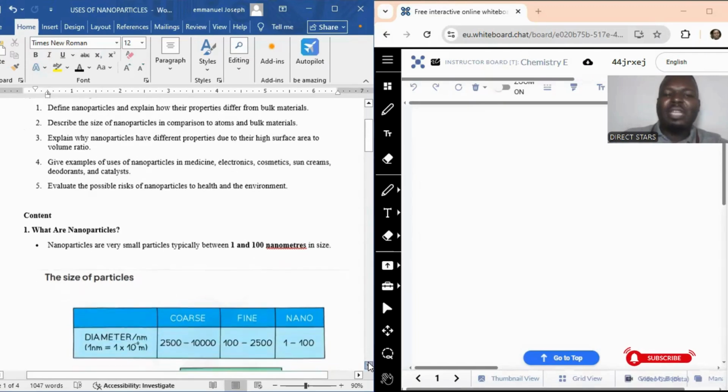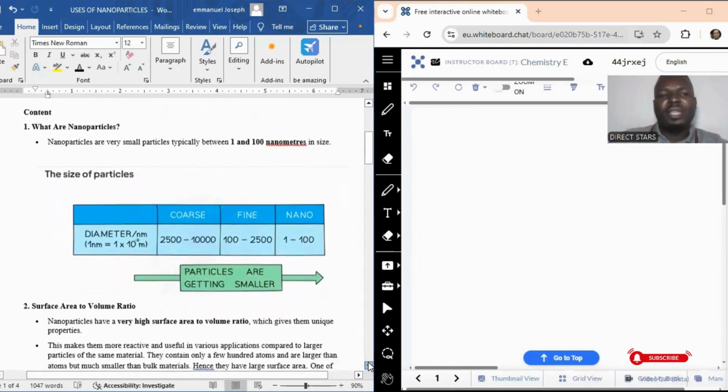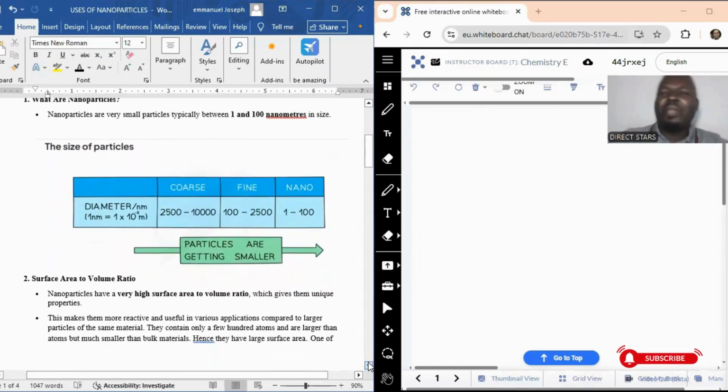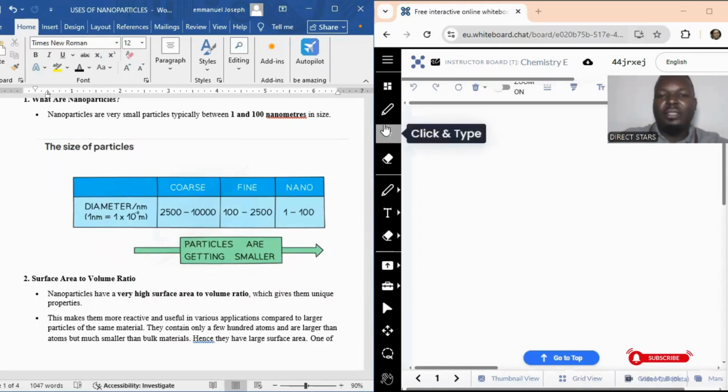So what are nanoparticles? Simply, they are very small particles between 1 to 100 nanometers. And what is the equivalent of one nanometer in meters? It is actually 10 to the power of minus 9.